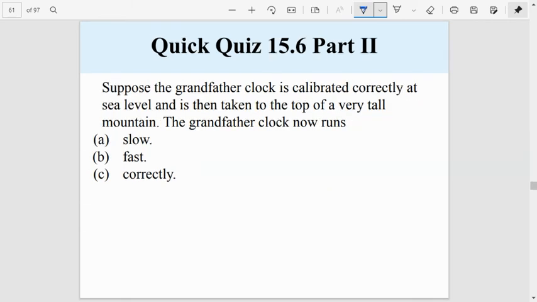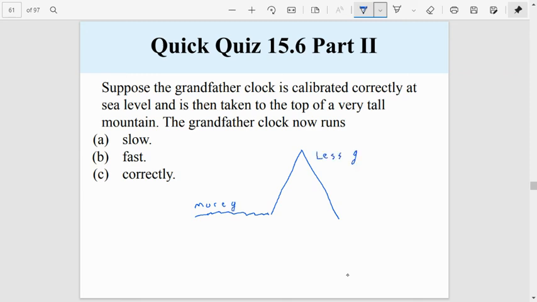Question 2 asks, what if the grandfather clock is calibrated correctly at sea level and then it's taken to a mountaintop? So if you remember this from maybe mechanics, the closer you are to the Earth, the stronger the gravity is. And at the mountaintop, the gravitational acceleration is lesser.